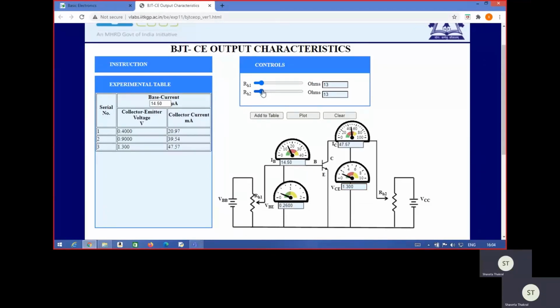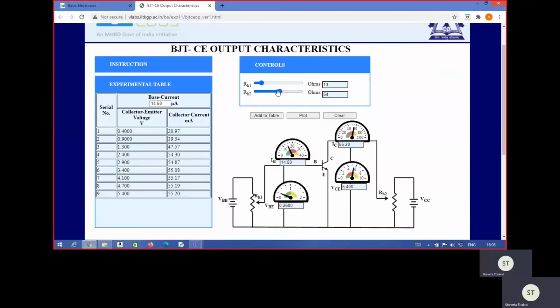In this way we can take a set of readings by changing the value of VCE with the help of rheostat 2, and accordingly the IC is also changing. So we can take a set of 10 to 15 readings as per the incremental change you are applying, like this.